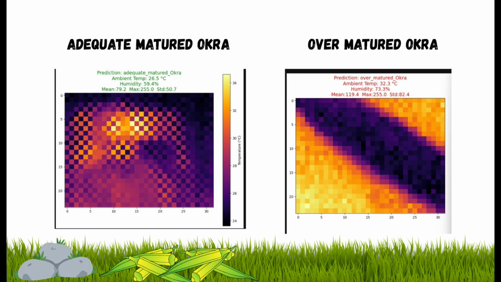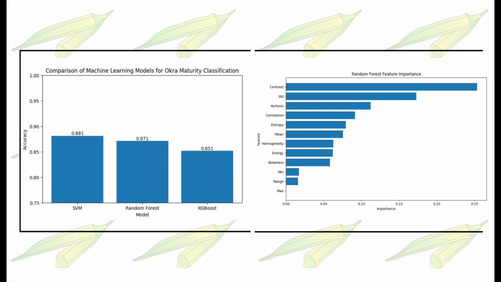So it will predict it as overmatured. By translating these visual heat patterns into mathematical numbers, our localized AI system can instantly and accurately sort the good okra and the bad ones.